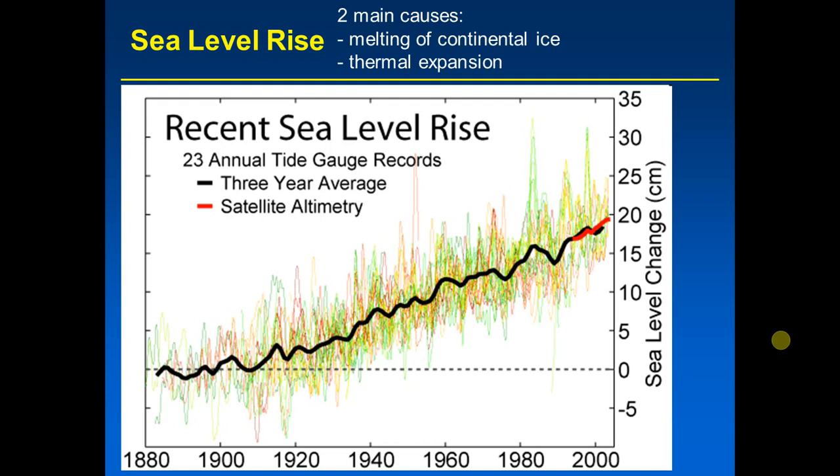And so when you look at how sea level has changed over the 20th century, you see that at the beginning of the period, the departure was close to zero, and now, as of about 2000, sea level is about 20 centimeters or 7.87 inches higher in 2000 than 1900.